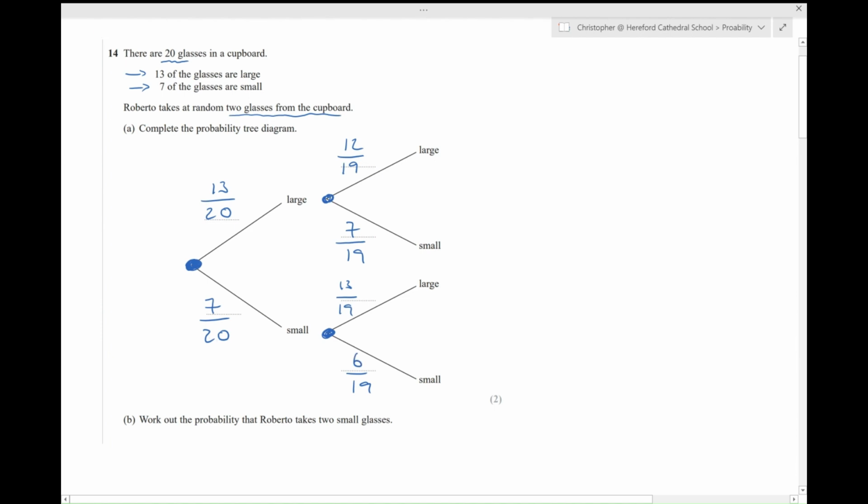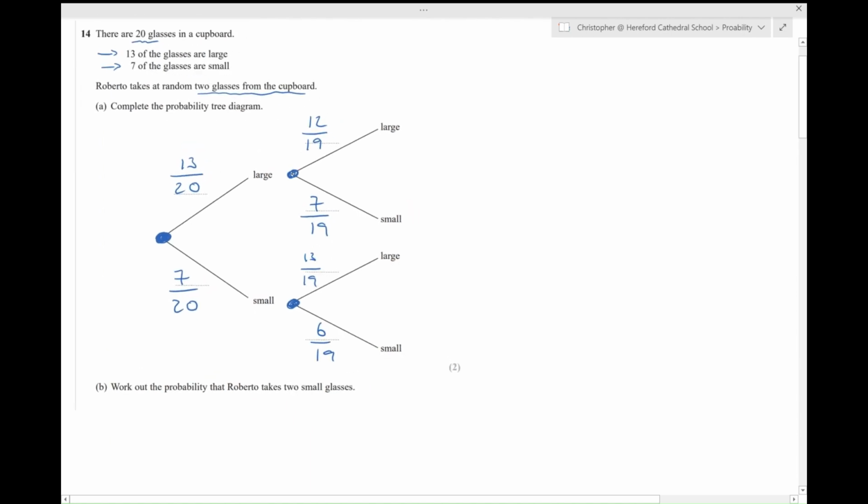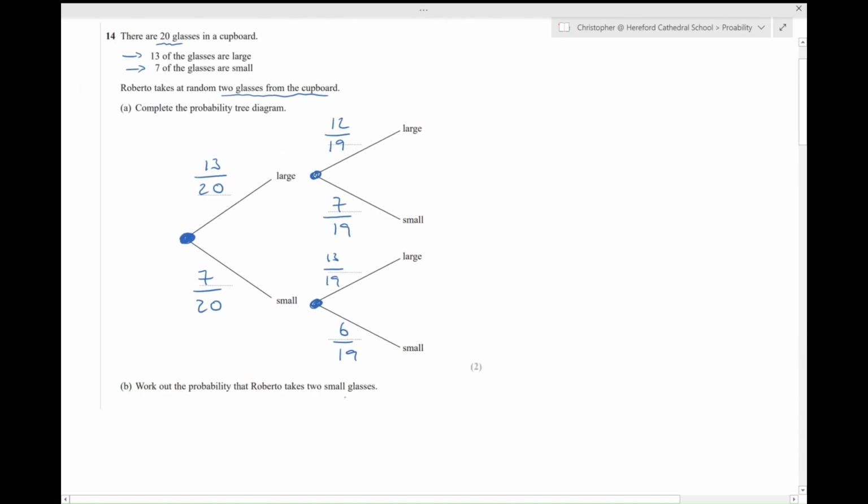So that's the probability tree diagram done, and I'm asked to work out the probability that he takes 2 small glasses. That's the probability that ends up here. So he's got to take a small one and then another small one. Remember, you multiply the probabilities, and so the answer will be 42 over whatever 20 times 19 is, 380.